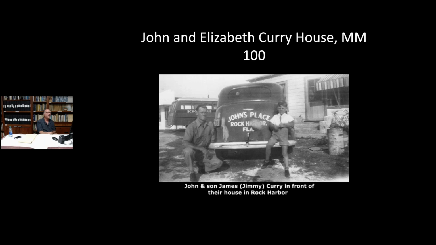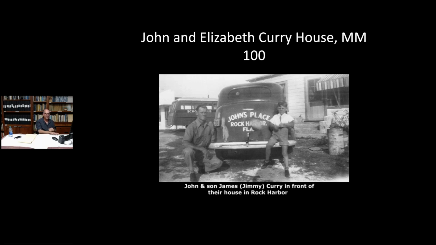The house behind the car there was built after the 1935 Labor Day hurricane, and then early in 1936. John and his wife lived in this house until 1976. Lester Curry, who was John's son, said he lived in this house until 1966 when he enlisted in the service.